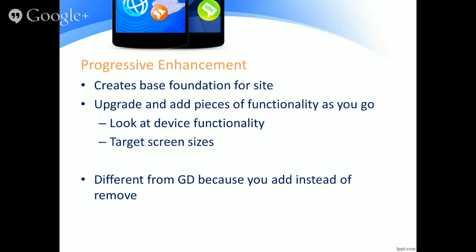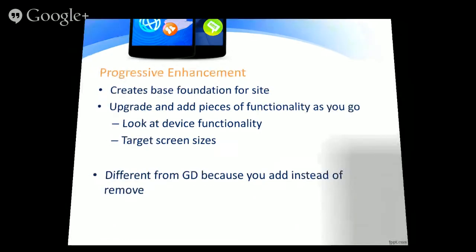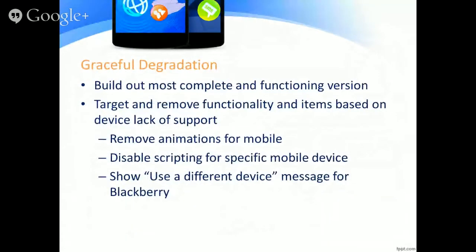So progressive enhancement's all about starting with a base foundation, kind of like building a house, and then adding floor 1 and then floor 2 on top of it and so on, going up. With graceful degradation, you're actually doing the opposite. It would be like starting with a skyscraper and then realizing, oh, the airport's going to go in down the road, so now you need to take off half the building.